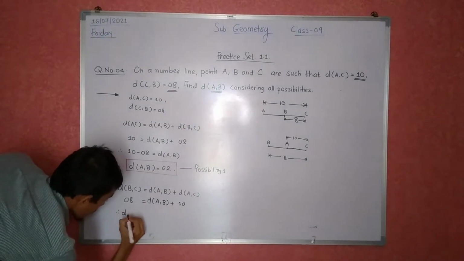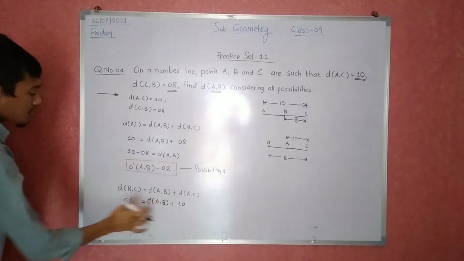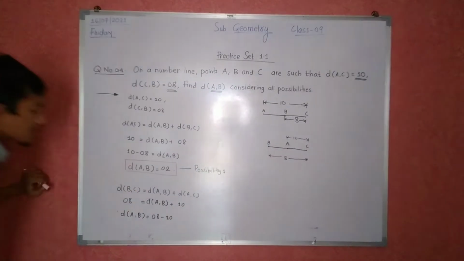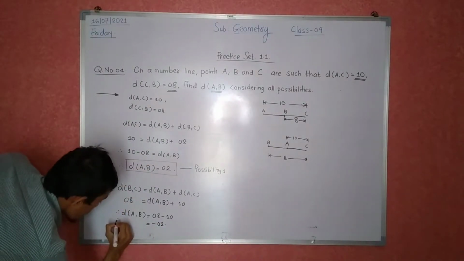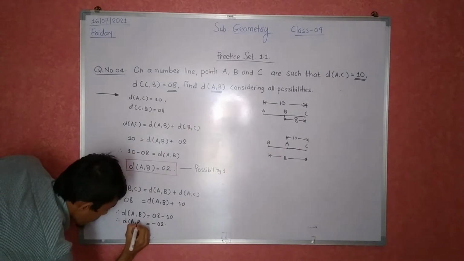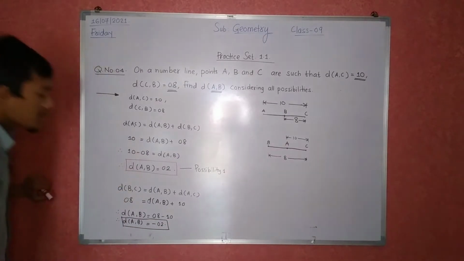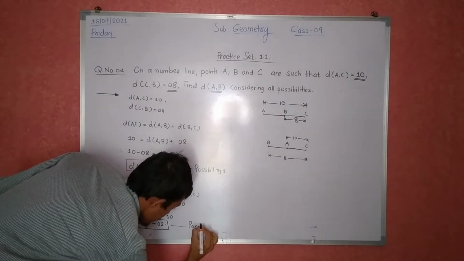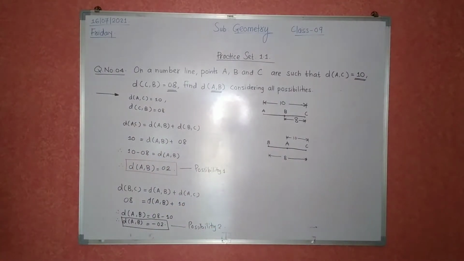Therefore D of AB is going to be, this 10 is going to shift to LHS, so it will become 8 minus 10, positive will become negative. So 8 minus 10 is nothing but minus 2. Therefore D of AB for second possibility it is going to be minus 2. Okay. So in this way you can find the distance between the 2 points, okay, considering all the possibilities.